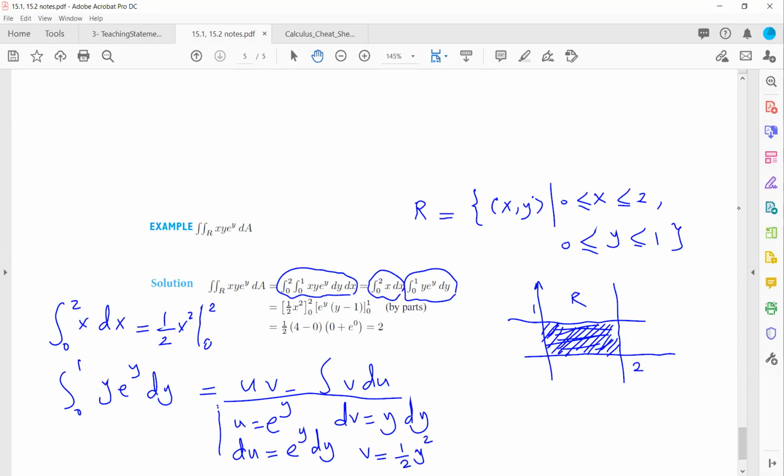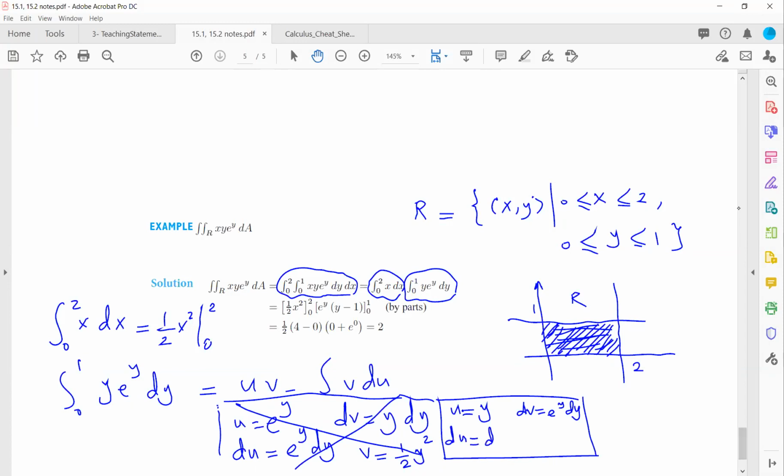So it's not a wise choice. Instead of reducing the integral, you're making it more complicated. So suppose your u is equal to y and dv is equal to e to the y dy. du is equal to dy and v is the same as e to the y.